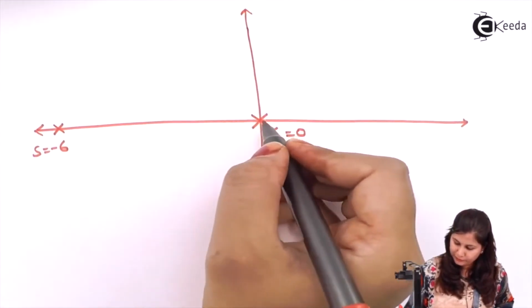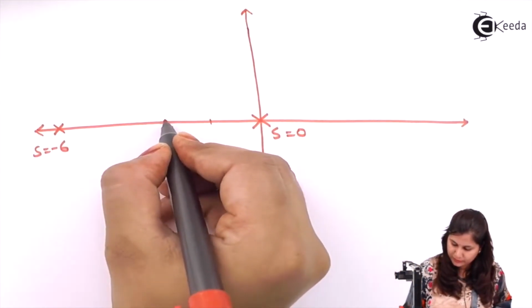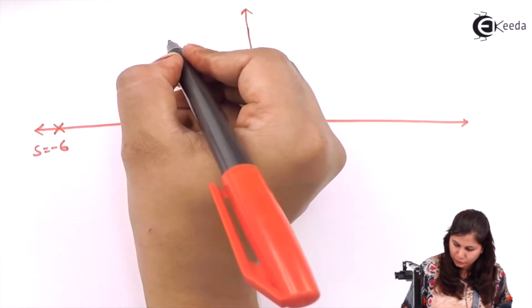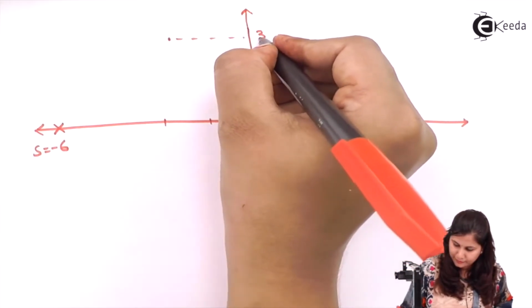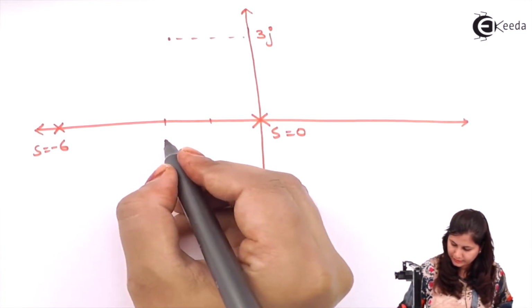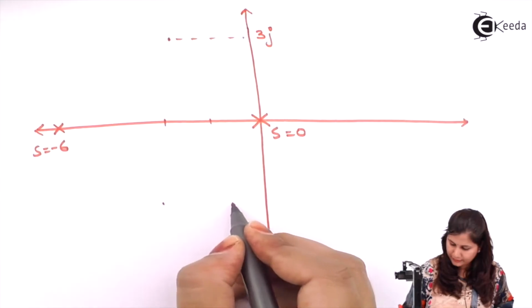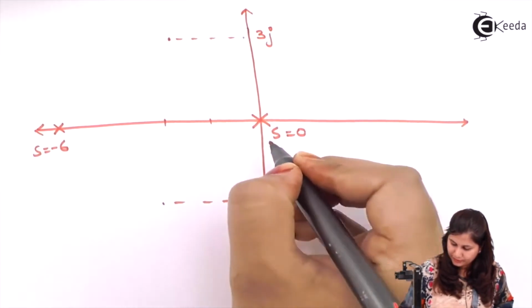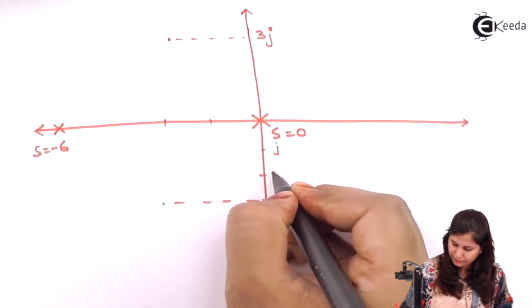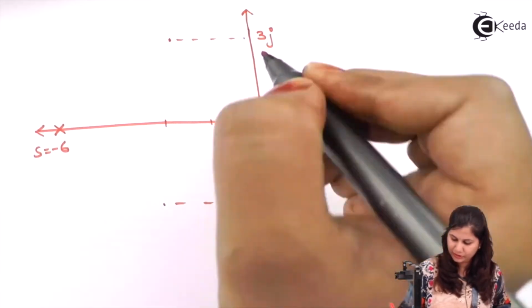So minus 2 will be somewhat here. This is minus 1, minus 2. So minus 2. This is plus 3j. This is minus. This is j. This is minus 2j. This is minus 3j.